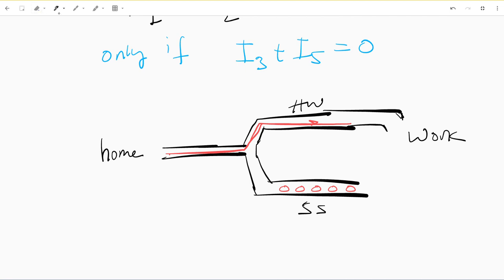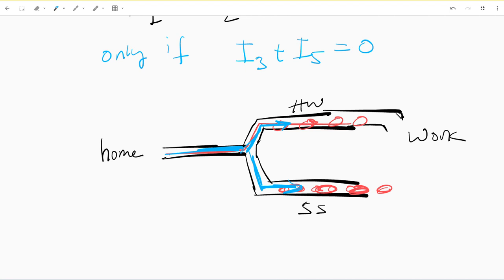And if the number of cars on the highway were the same, so let's do 4 cars and 4 cars here, then your choice of going to work would be split. You might go to work some days on the highway, and some days on the streets because it's the same time.